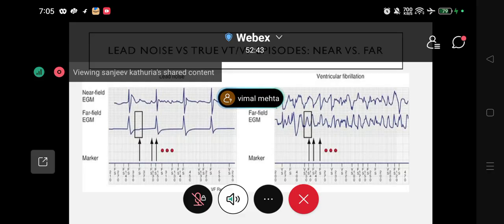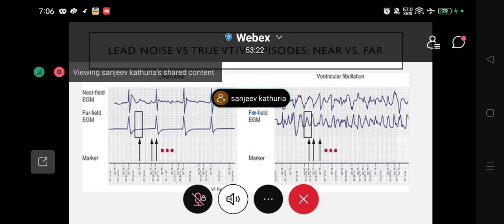So we need a little bit more clarity on the near versus far field. We'll come to that. It's important that you understand EGM. I see this difference. Explain it once again, because in these examples only in the near field there's a noise.